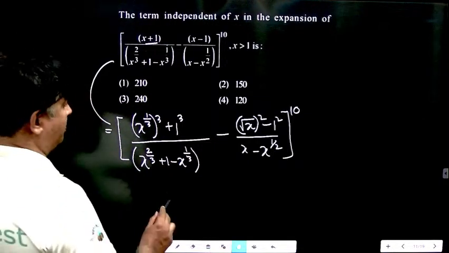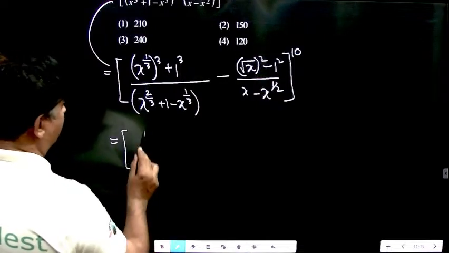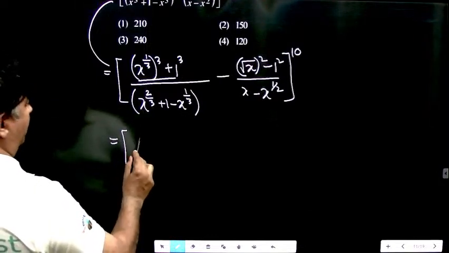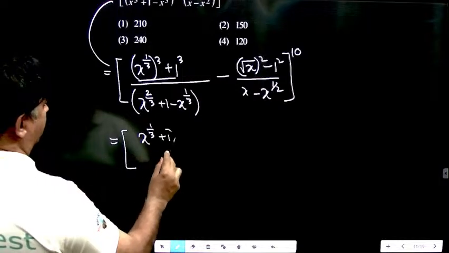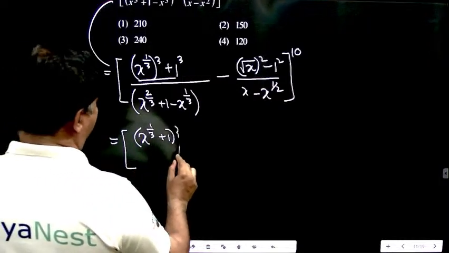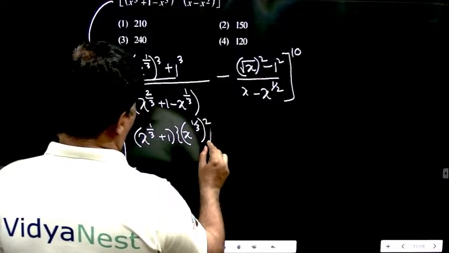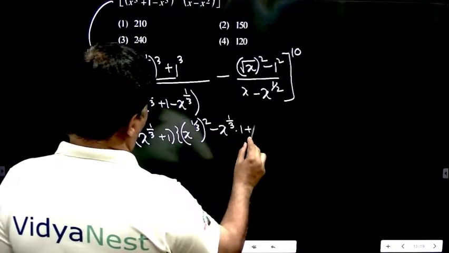In class 8, you are taught a plus b, a square minus ab plus b square.